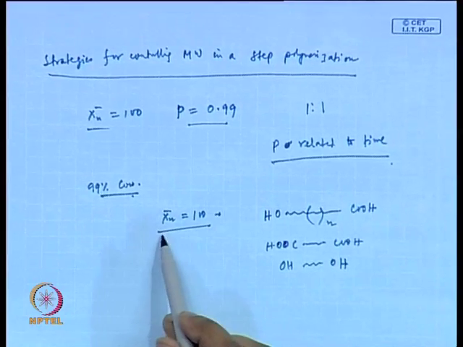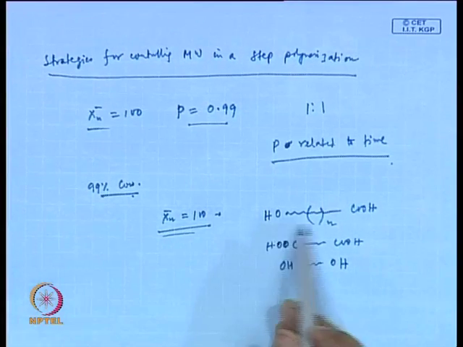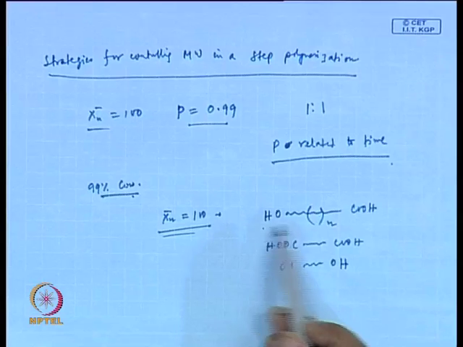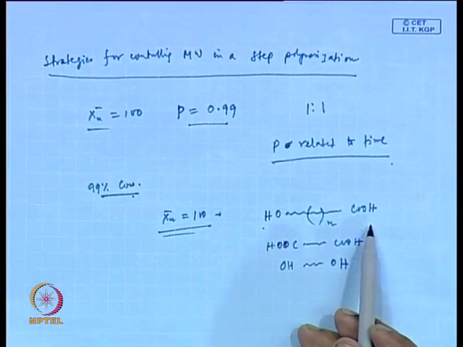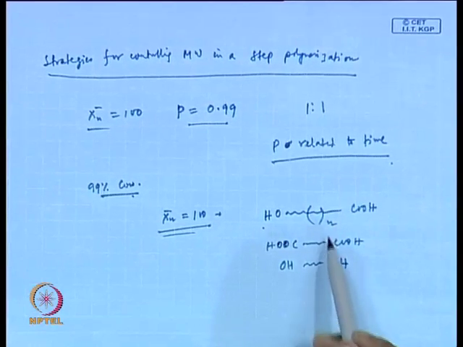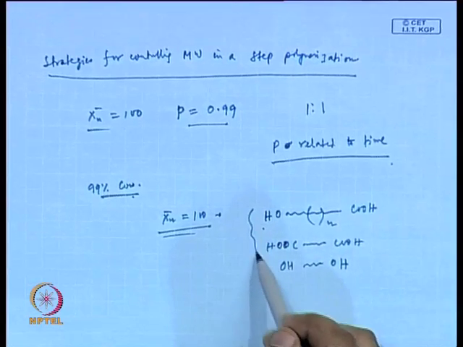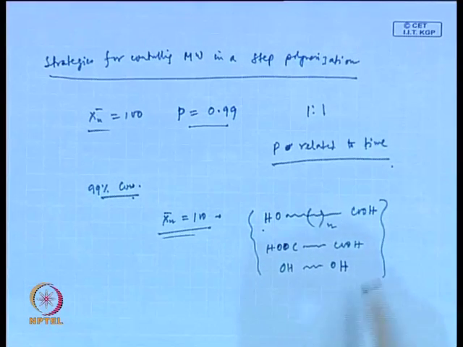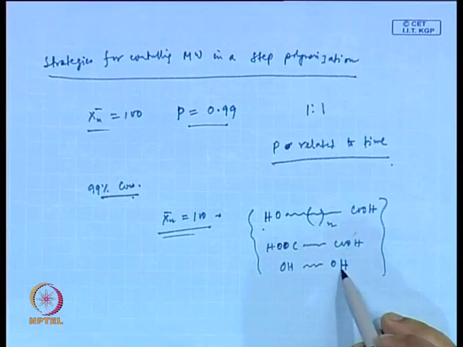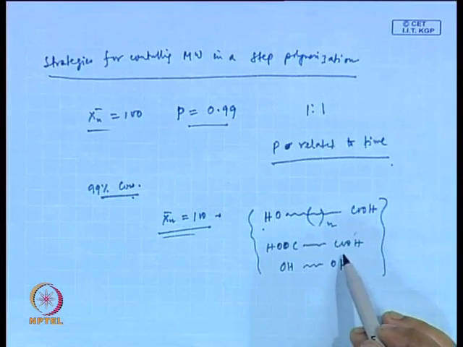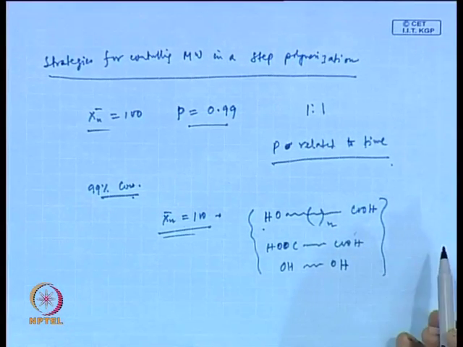So, at a degree of polymerization of 100, what do you have in this reaction medium? You have the hydroxy acids, which correspond to some size, and you will also have some unreacted monomers as well. If you stop the reaction at this level, there is still the possibility of these molecules participating in further reaction.